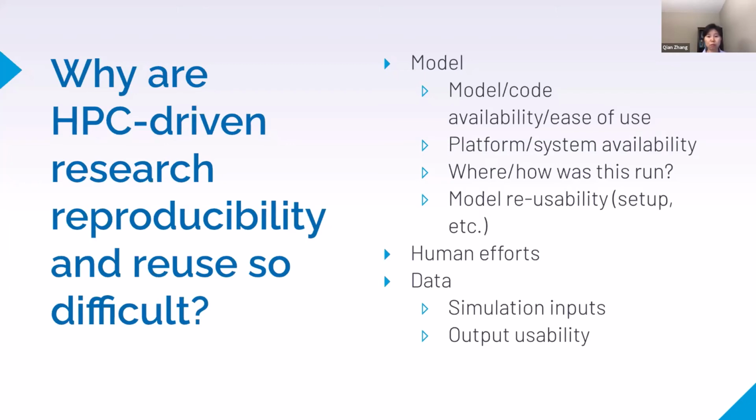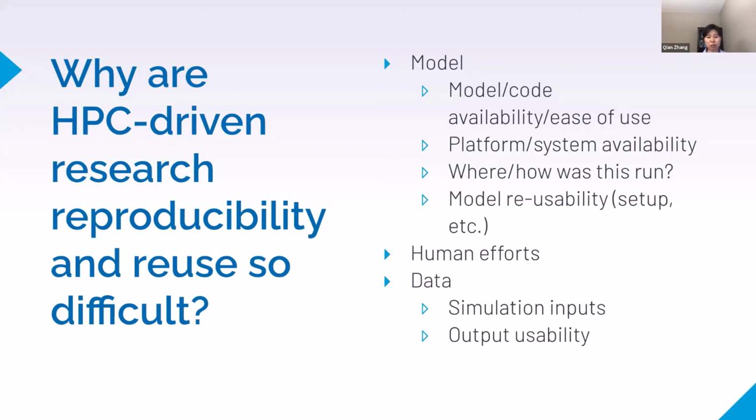And for model reusability, the setup is about how easy it is for the software to be installed, compiled, and set up. The human effort is about the human hours required to reproduce the specific scientific research.